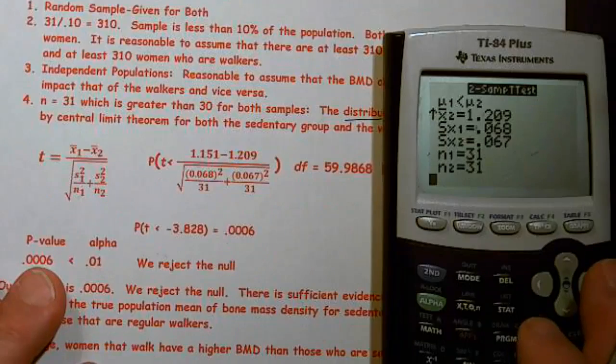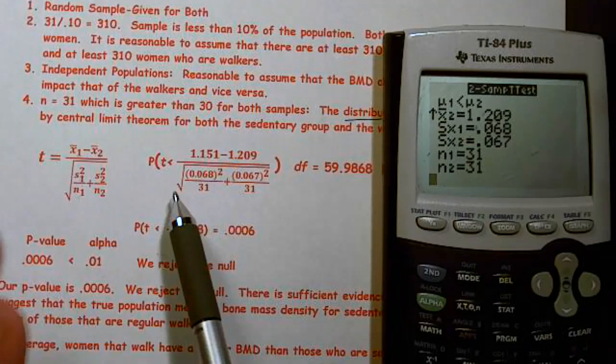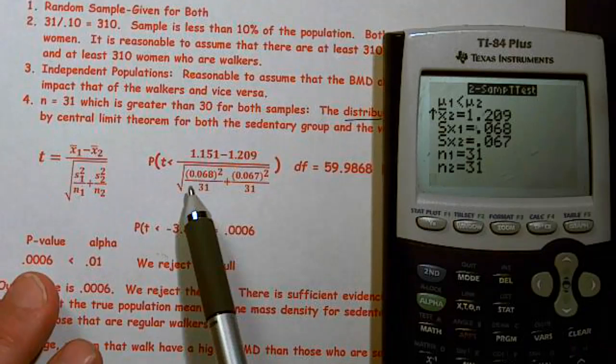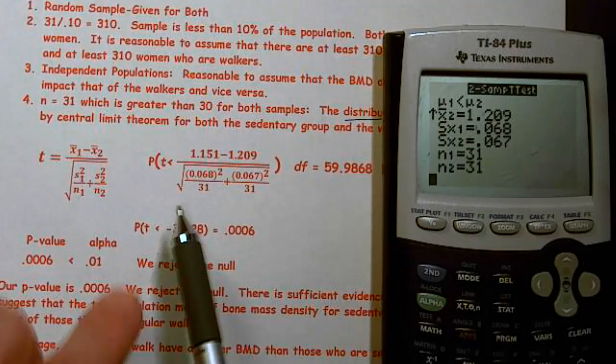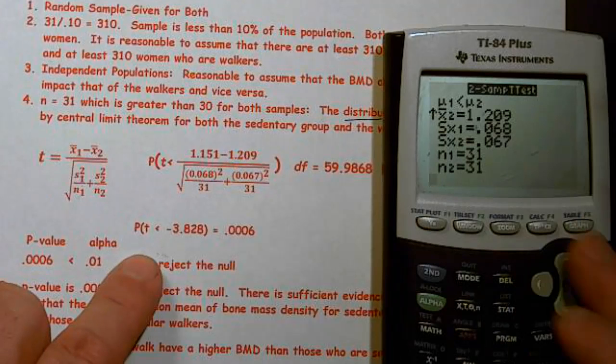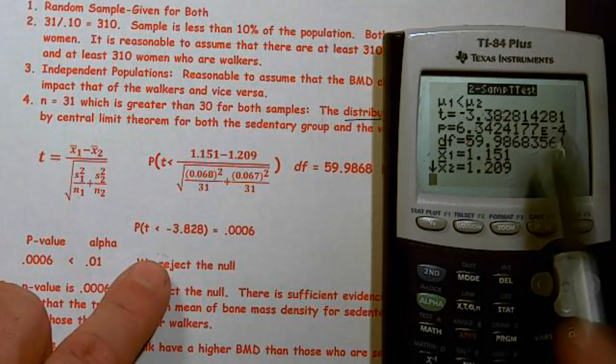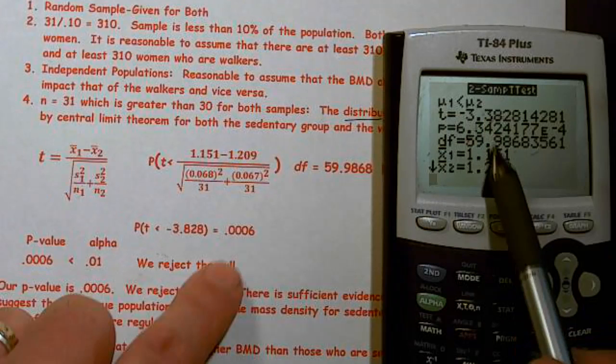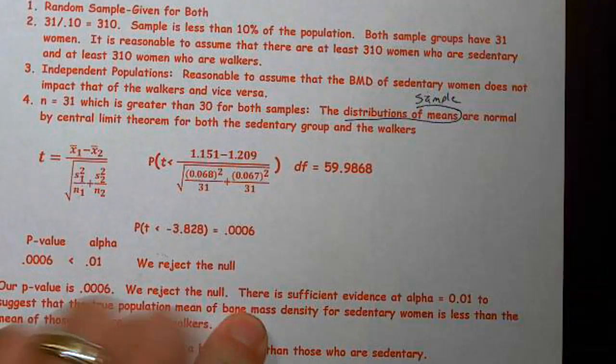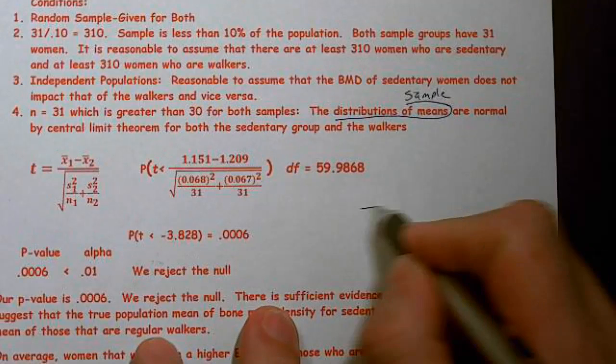So I've plugged them in, and you have to have the formula, so make sure you have the squares and square roots, etc. And when we did that, we got 3.38 and 0.006. And so here's what we basically said.